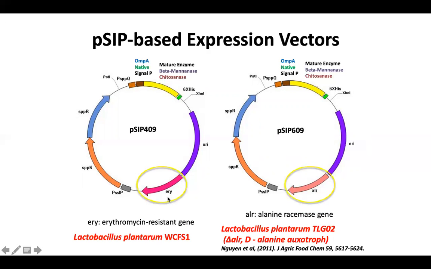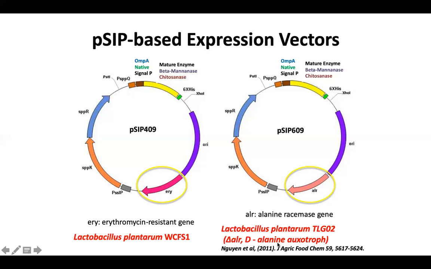Because you have different expression vectors, you have to express them in different bacteria. The vector with the erythromycin resistance gene will be expressed in Lactobacillus plantarum WCFS1. Okay, this one is not resistant to erythromycin. For the vector with alanine racemase, we would express in Lactobacillus TLG02. Okay, this is an auxotroph. It's a D-alanine auxotroph.